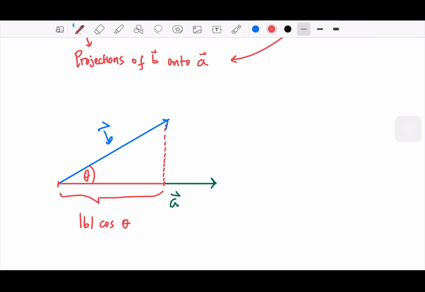Okay, in terms of theta. Or we can write this as a component of b along a.